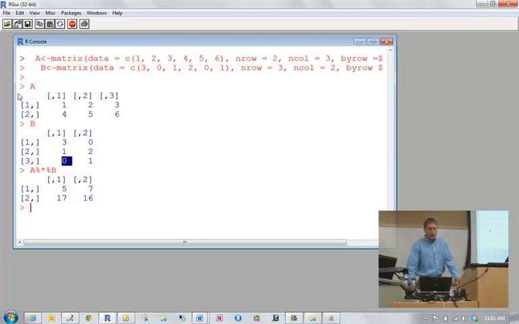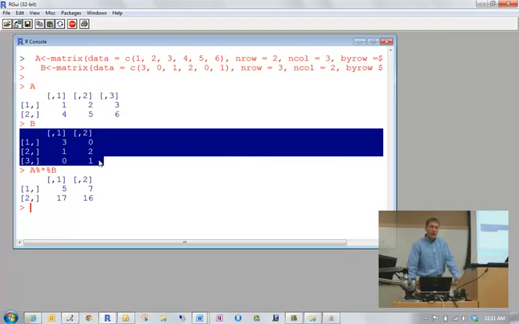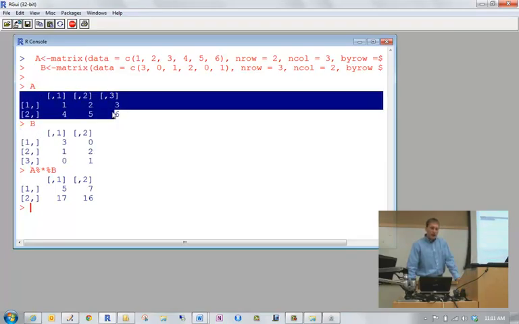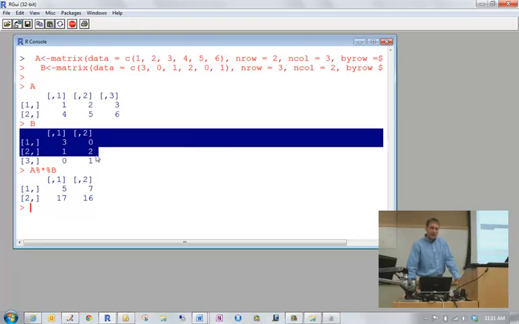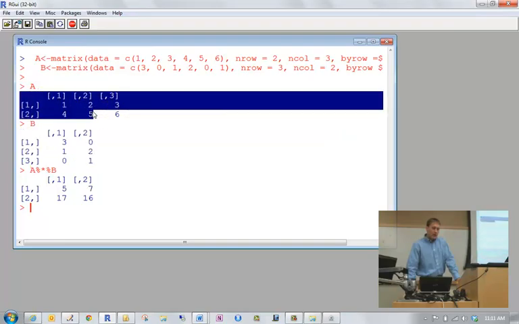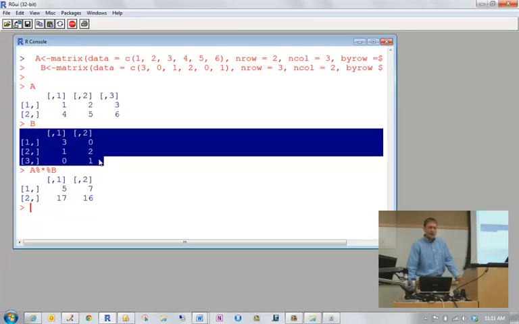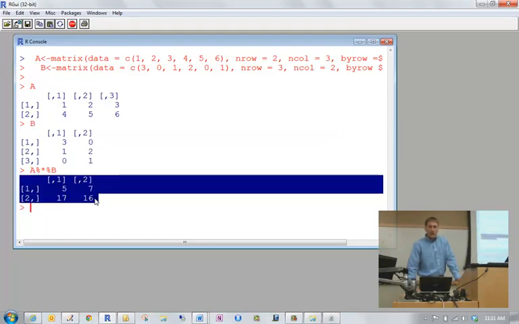Okay? Notice how A is a 2 by 3 matrix, B is a 3 by 2. Remember, you need the number of columns for the first matrix that you're multiplying to be equal to the number of rows for the second matrix. Also, then the end result will be, the number of rows in the first matrix is the number of rows in this resulting matrix, and the number of columns in the second matrix then is the number of columns in your resulting matrix.